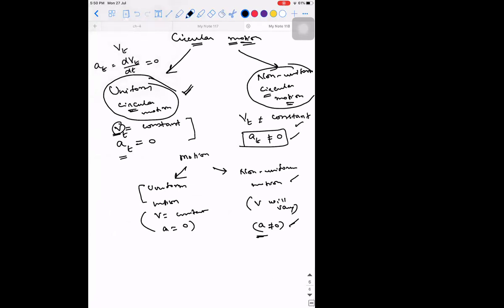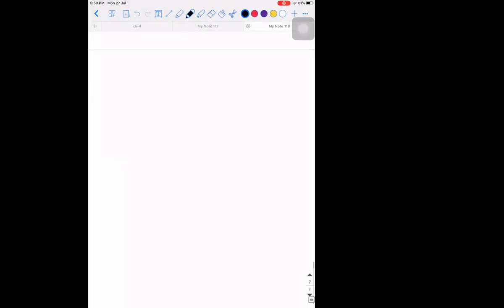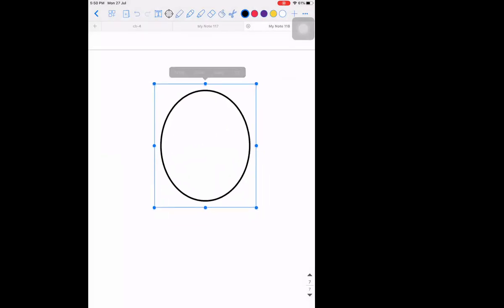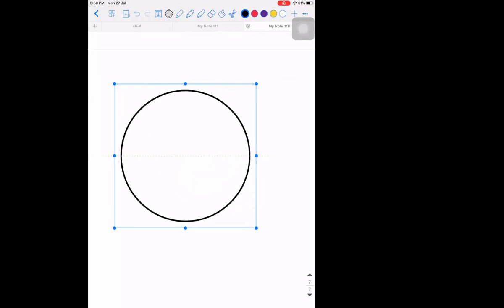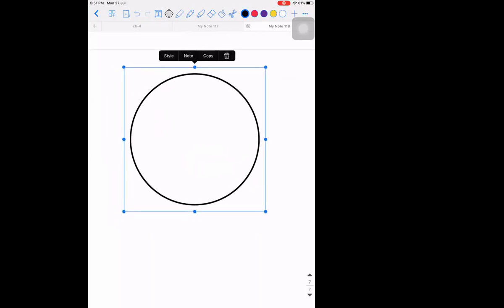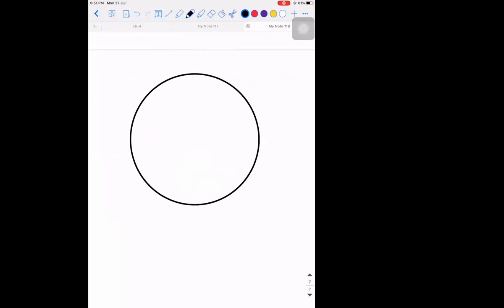Let me explain it with an example. A particle is revolving like this.